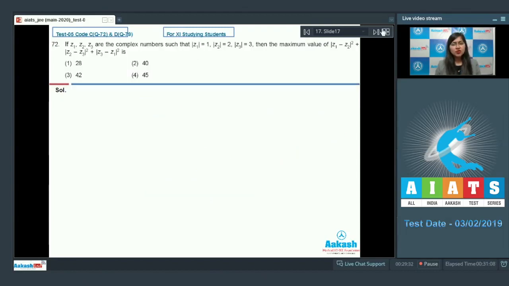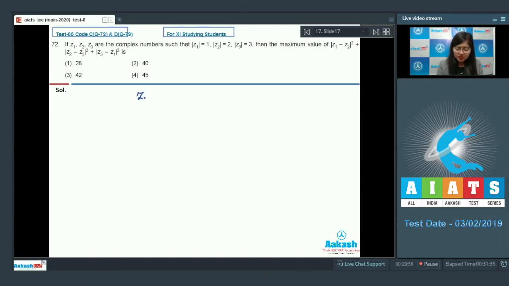Let's move on to the next question, that is question number 72, which says that if z1, z2, z3 are complex numbers such that mod z1 is equal to 1, mod z2 is equal to 2, mod z3 is equal to 3, then the maximum value of mod (z1 minus z2) whole square plus mod (z2 minus z3) whole square plus mod (z3 minus z1) whole square is.